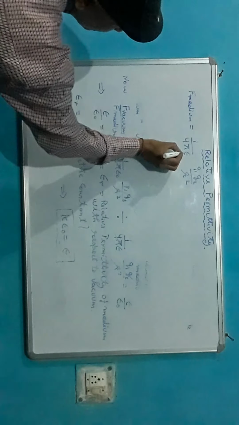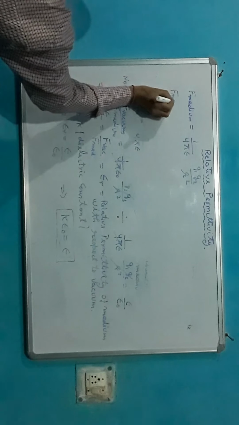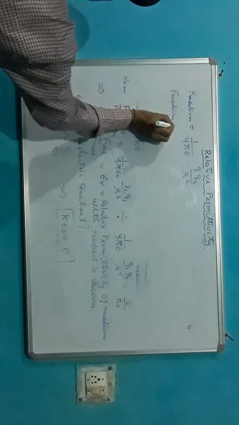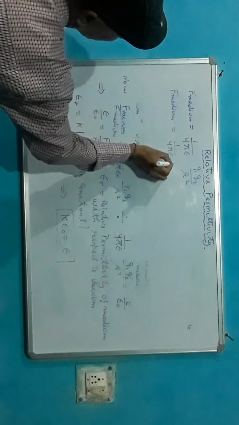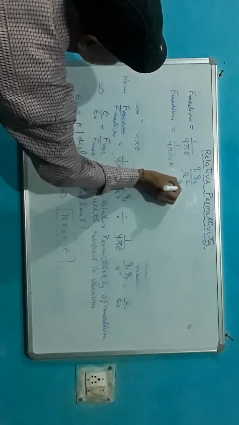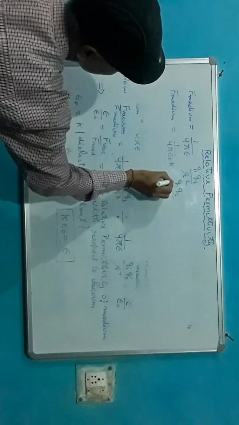I am going to place the value of epsilon here. F medium comes out to be 1 upon 4 pi epsilon naught k, q1 q2 upon r square.